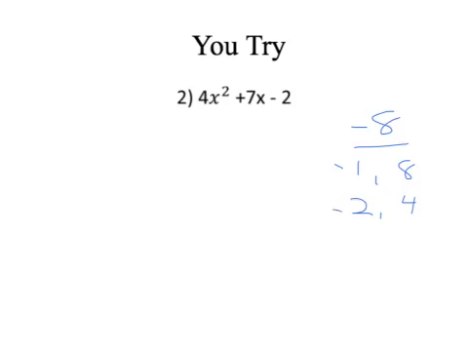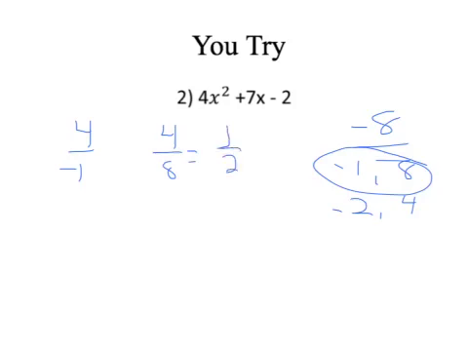So I want to use negative 1 and 8. This gives me 4 over negative 1, 4 over 8. I can't reduce 4 over 1. 4 over 8 does reduce to 1 over 2 if you divide top and bottom by 4. Turn it into binomials, it would be 4x minus 1 and 1x plus 2.